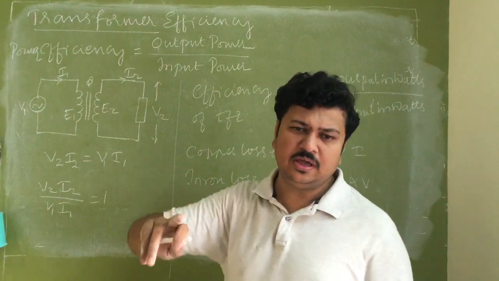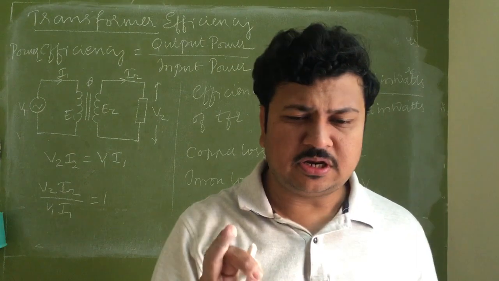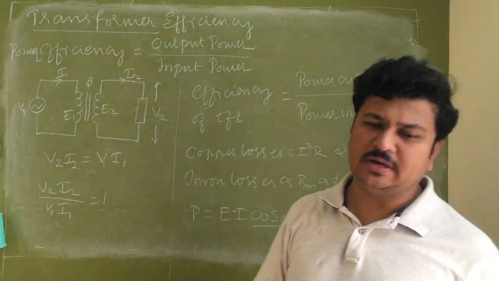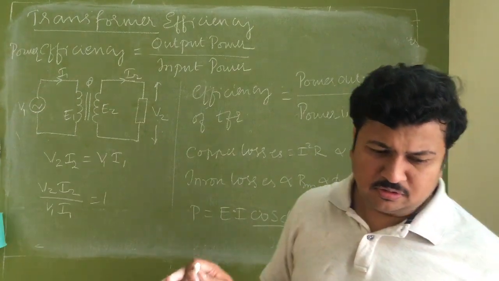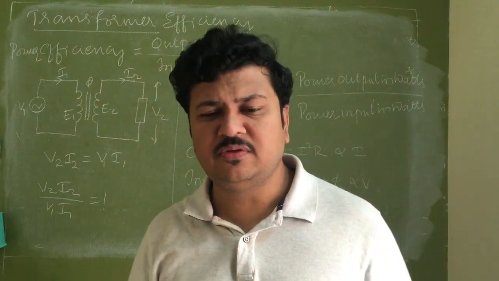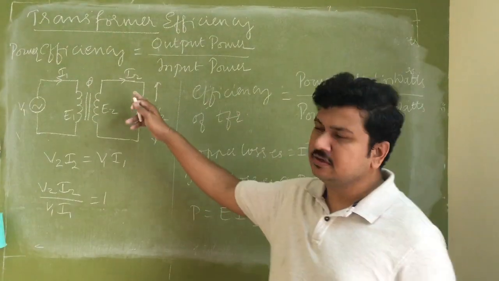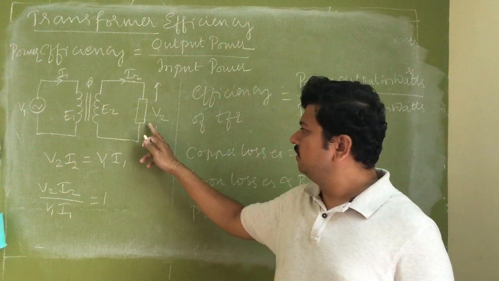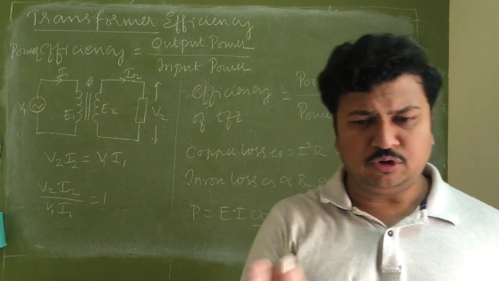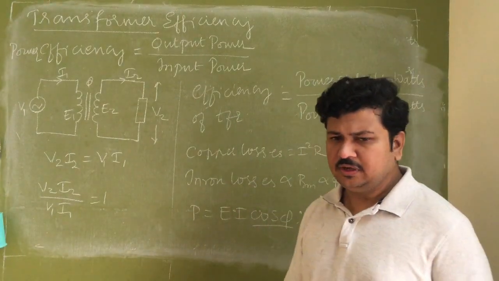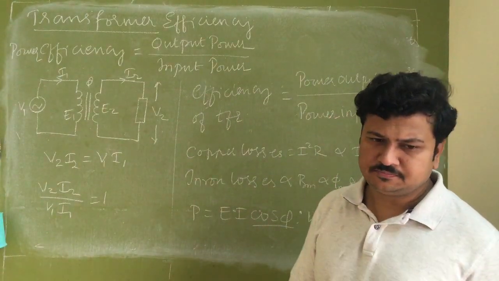This is one more reason why I have to define the transformer in kVA, not in kilowatts. So this is the reason why I don't define the power factor of the transformer in the rating. So the load power factor of the transformer can be anything. It can vary from 0 to 1, 1 to 0, depending upon the operating load.